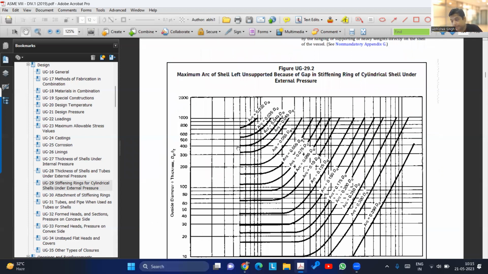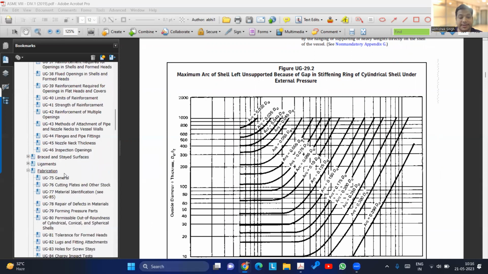The next question is again from Sumit, related to 44B. Sumit is asking, is derating compulsory for nozzles for U stamp jobs? So where is that derating given, Sumit? UG 44B. Right.